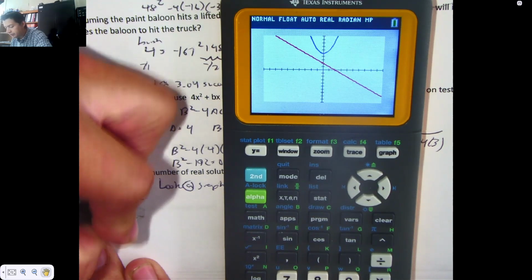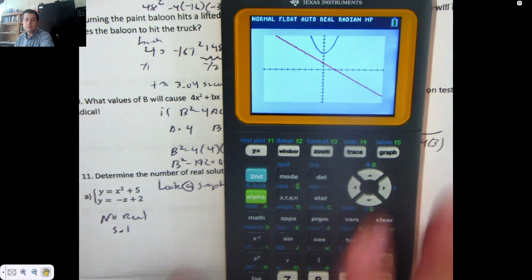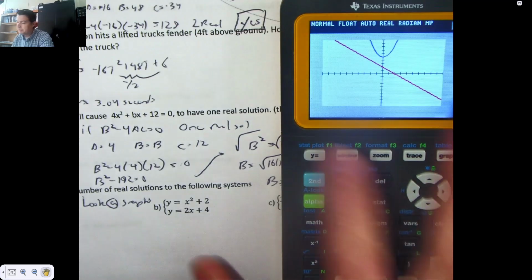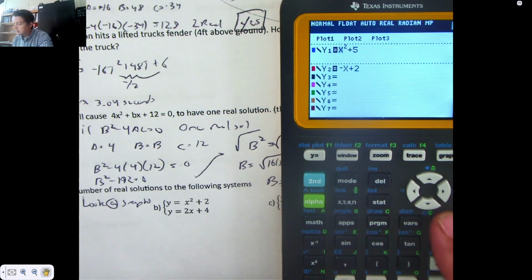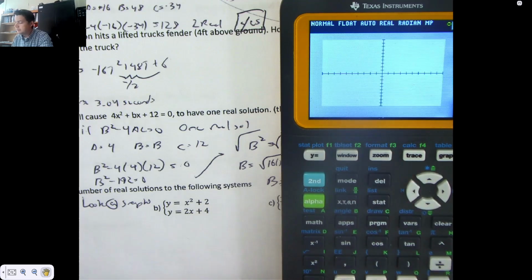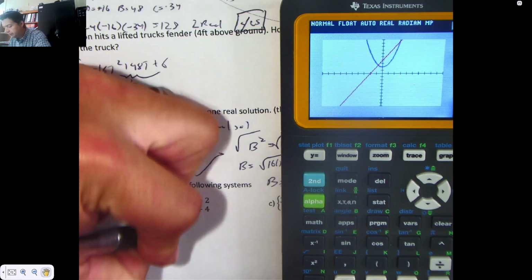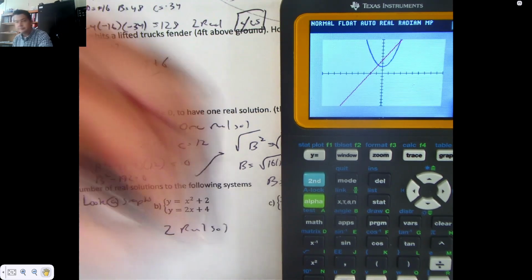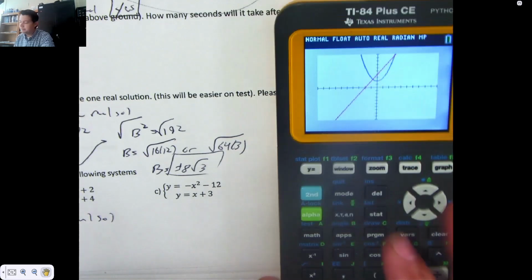There's no real solutions. I'm doing B. Ah, 2 real solutions. Now I'm doing C.